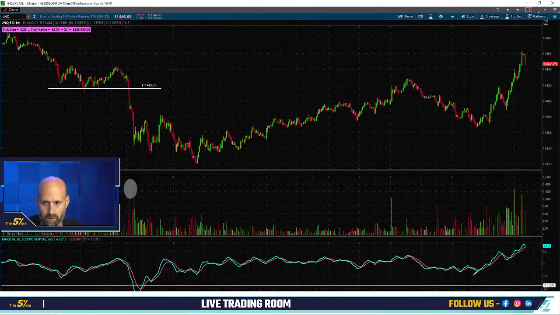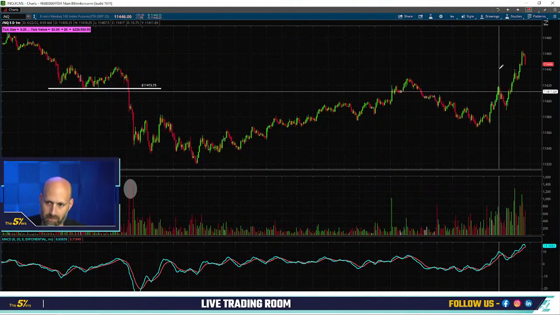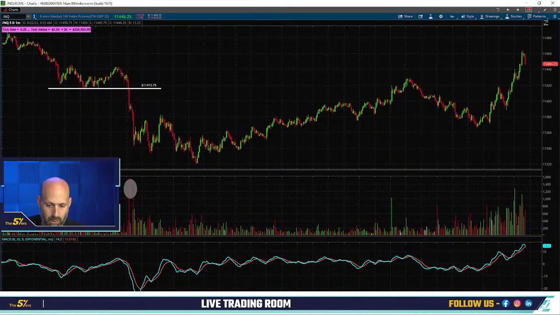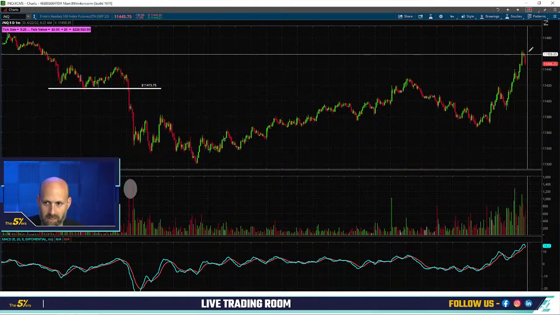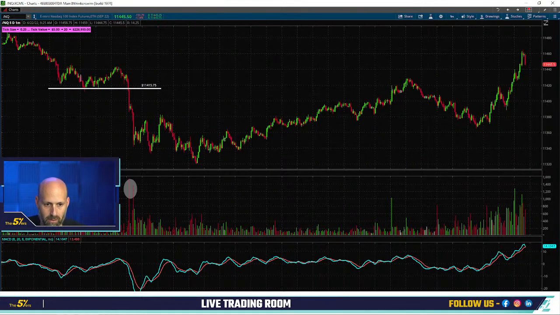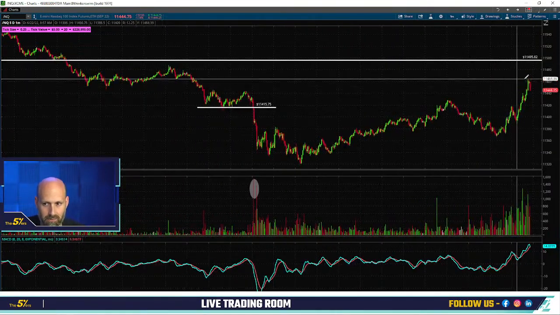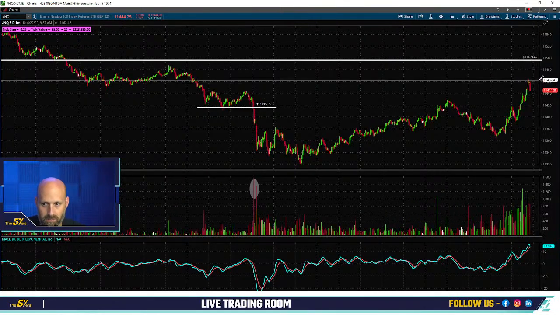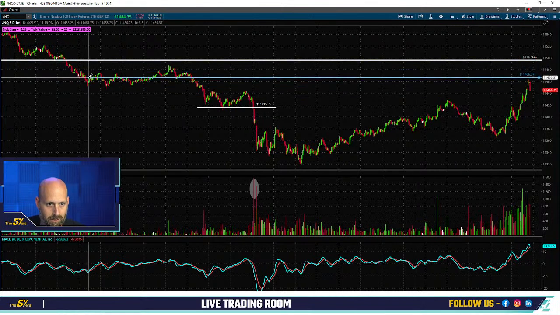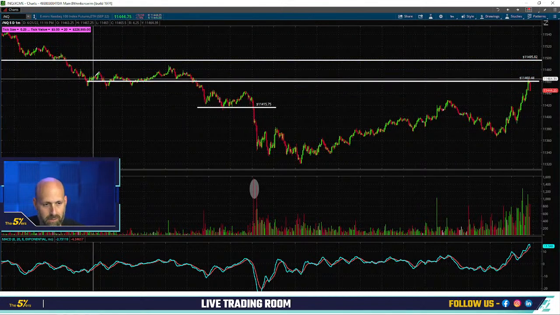So price is shooting up, and the same will go to the downside. When price is moving to the upside, most of the time it reaches a major support or resistance level. In this case we are at the area of the resistance level.